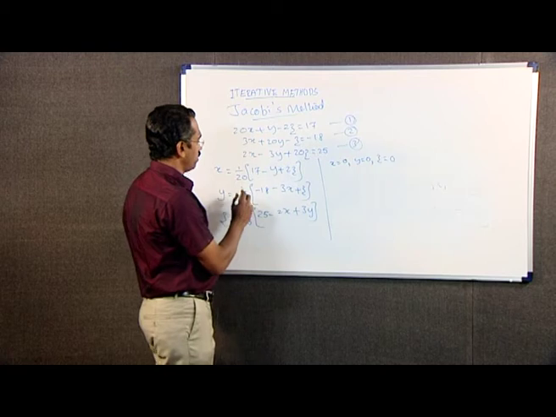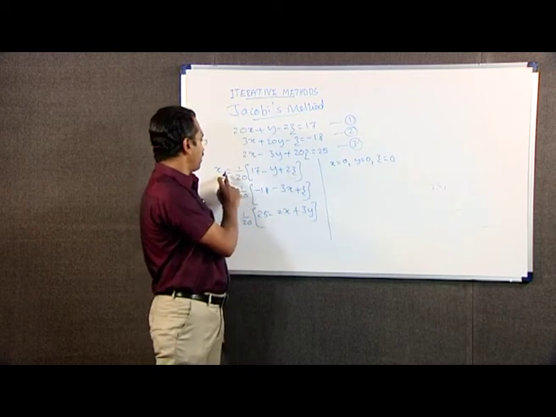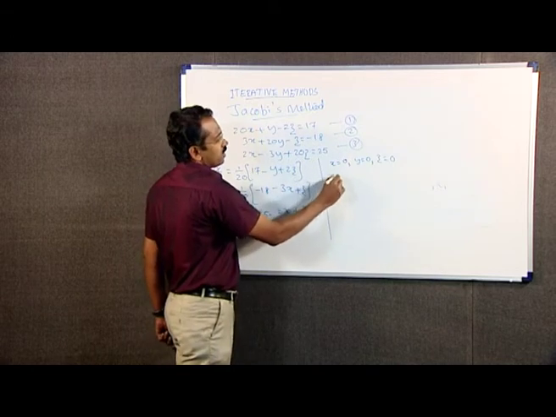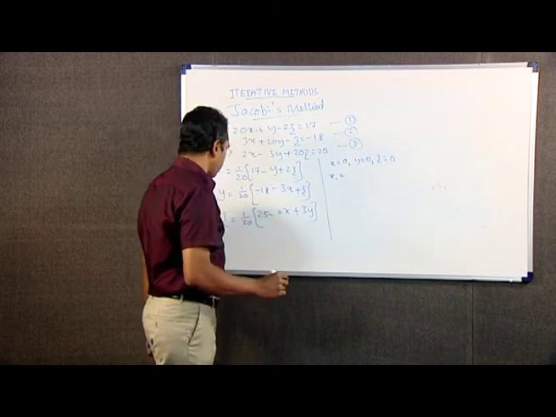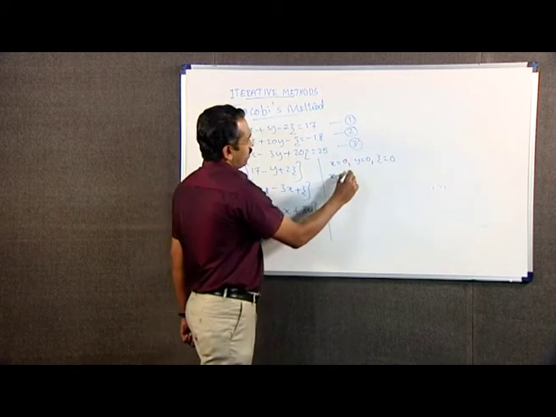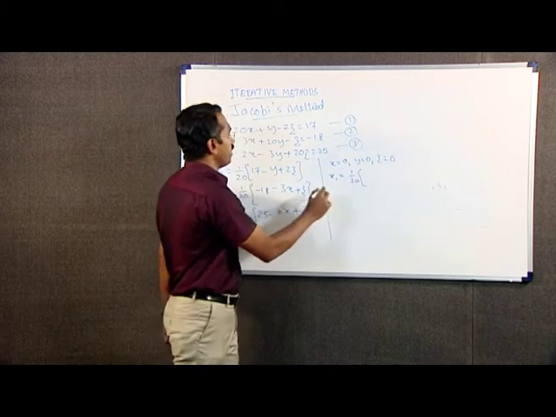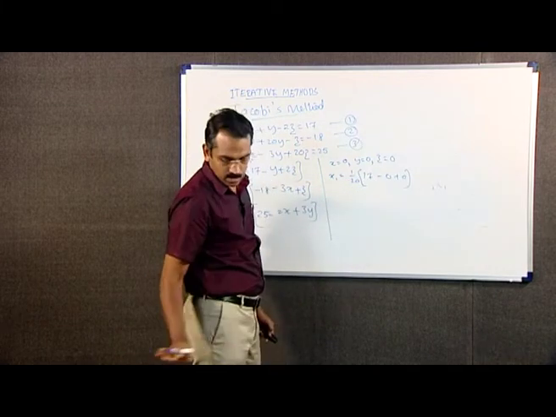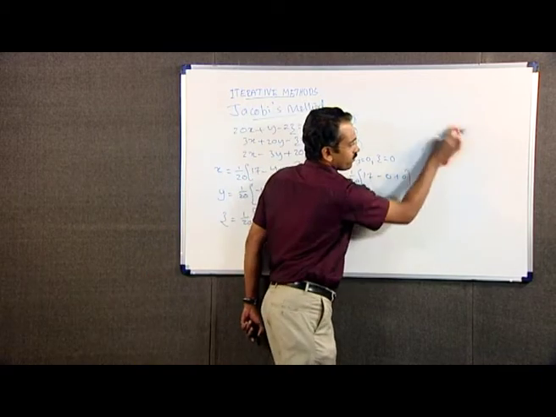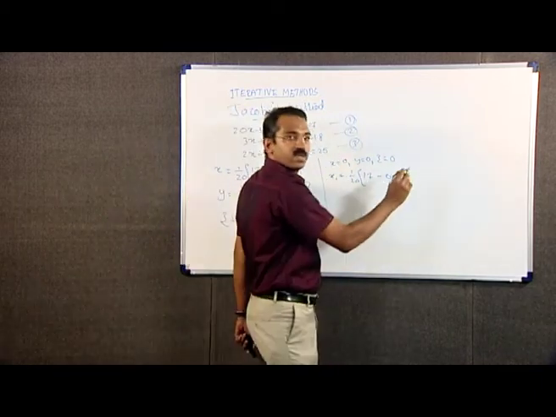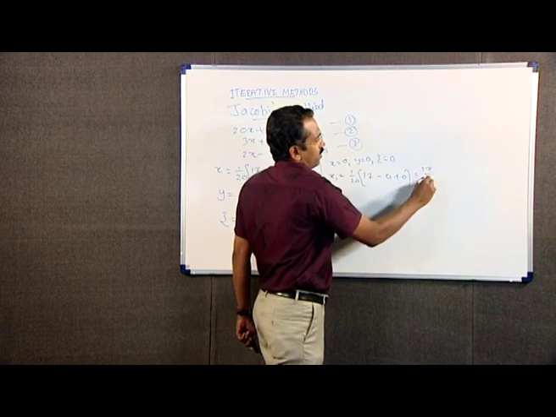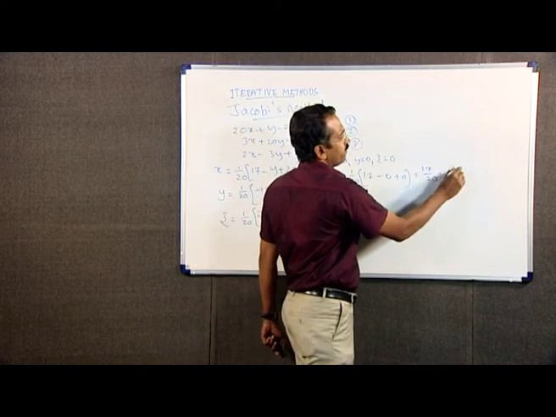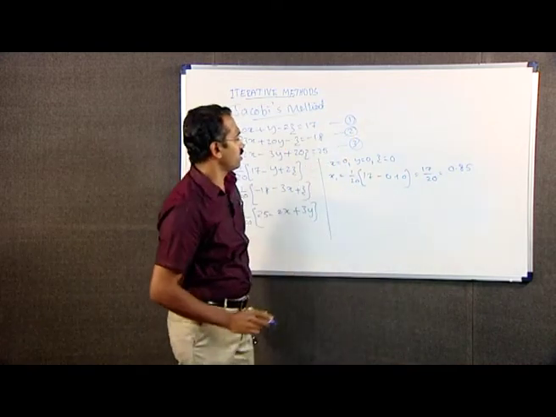We will get the first approximation as x1 is equal to 1 by 20 into 17 minus 0 plus 0, that is 17 by 20, which is 0.85, the first approximation of x1.